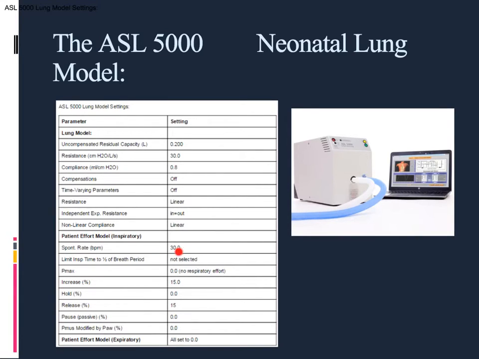I set a spontaneous rate, even though you can control that by the amount of pressure or inspiratory effort that's being controlled. So in this particular instance, I've actually got a passive model, so the patient is mimicking being unconscious. So we were just ventilating the neonatal test lung as an unconscious patient with no respiratory efforts.